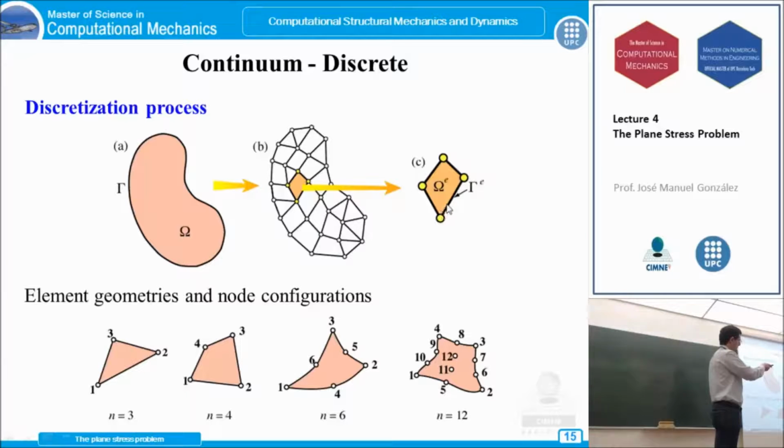Any of these elements will have a body domain and this boundary domain where tractions and forces will be applied. We haven't said anything about elements. Take into account that this element could be a triangle, a quadrilateral, anything. So this is not element dependent.